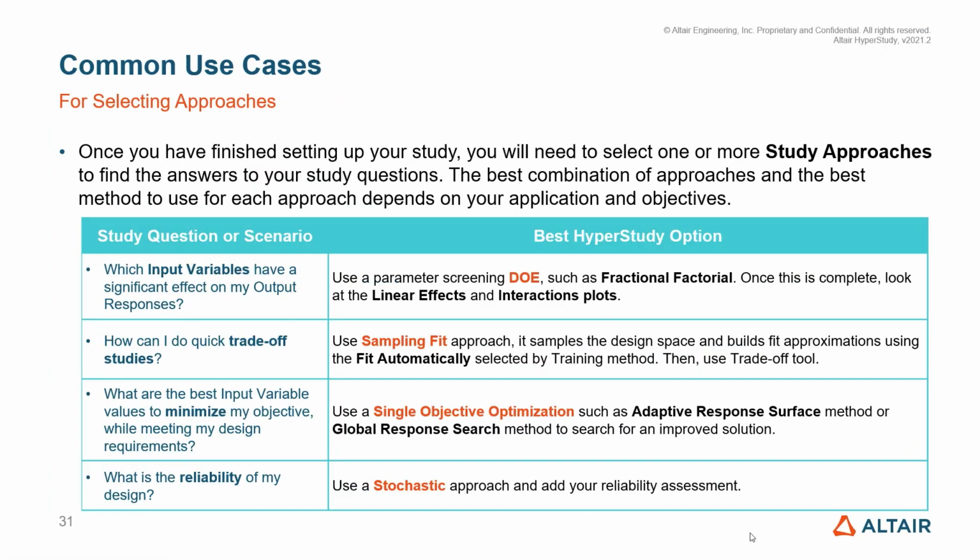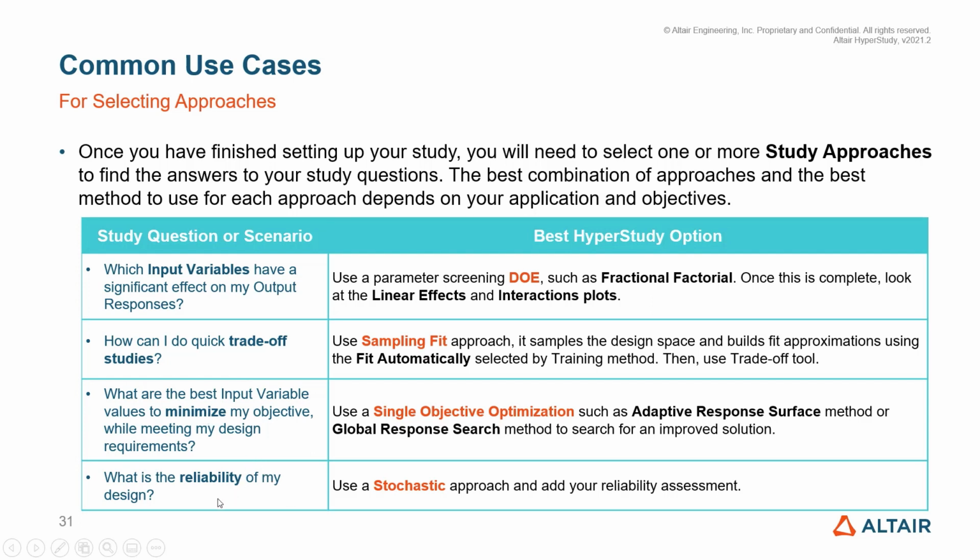If your questions are more general, instead of "I have this solver, what model should I use?", if you say, "I have some input variables and I want to understand how they affect my output responses," well, let's point you to a design of experiments and suggest what method to use. These are the plots you should look at. What if I want to do trade-off studies? What if I want to minimize some objective and I have other design requirements?